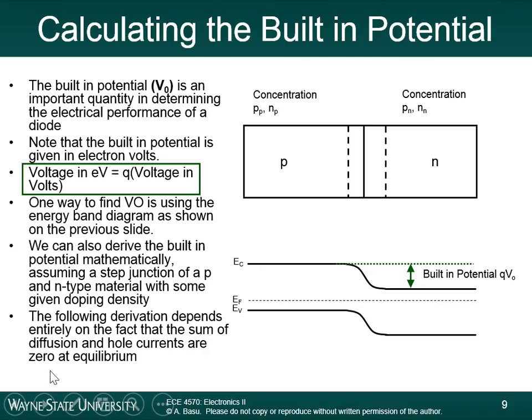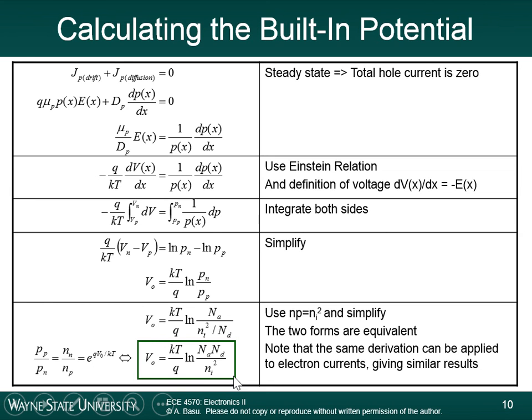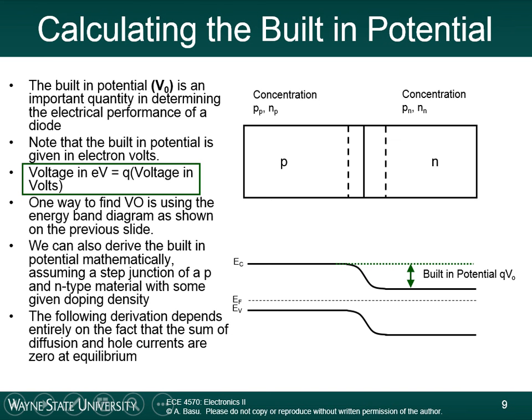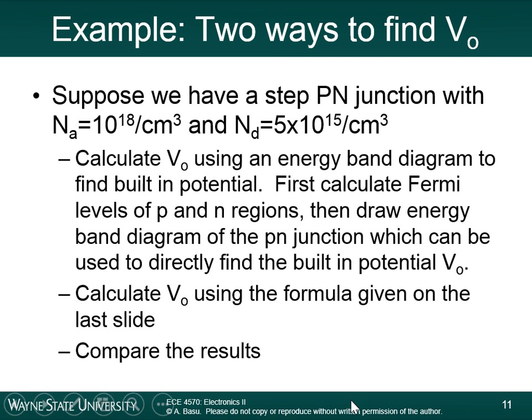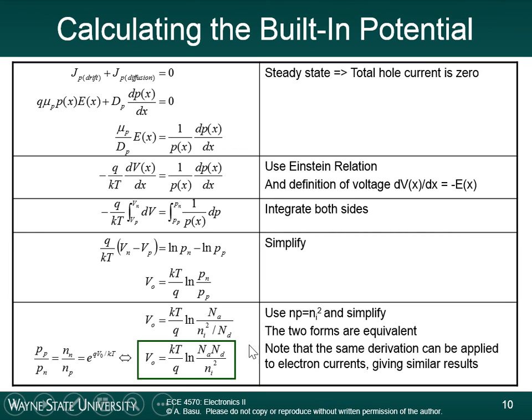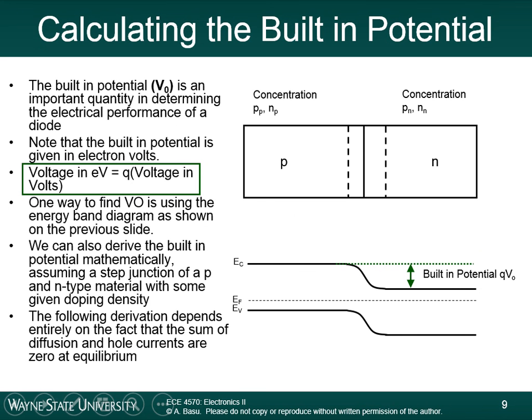Okay, we can also derive the built-in potential mathematically, assuming a step junction of P and N-type material with some doping density. That's what's shown on this slide. So I would like us to try it both ways. Let me first go over this slide, and then we'll do an example problem. So a formulaic approach to calculating the built-in potential is to assume that you have a step junction.